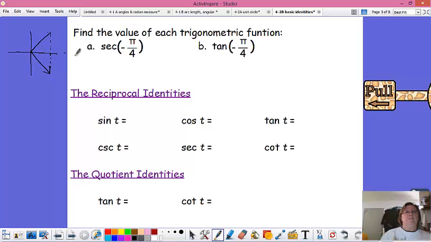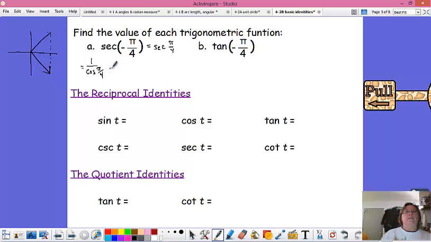X is the same in both of those places. So I know that this is going to be the same thing as the secant of positive pi fourths. And I know that that, folks, is the reciprocal of the cosine at pi fourths.